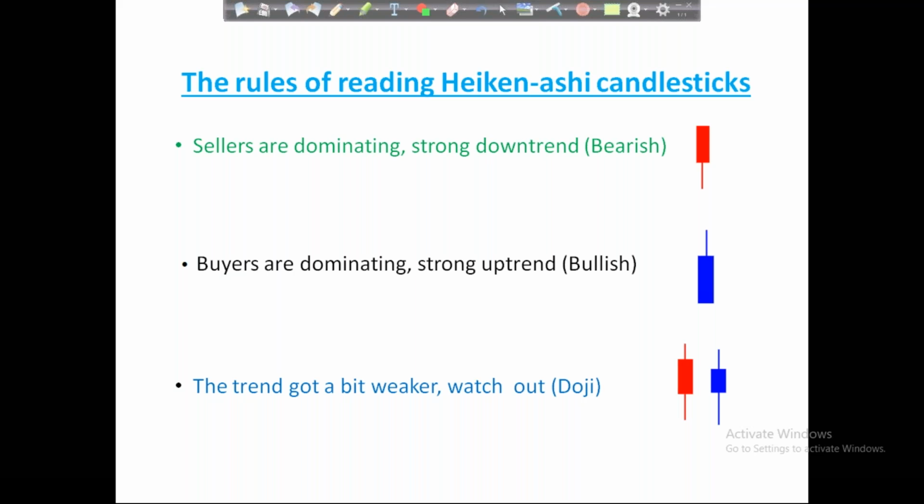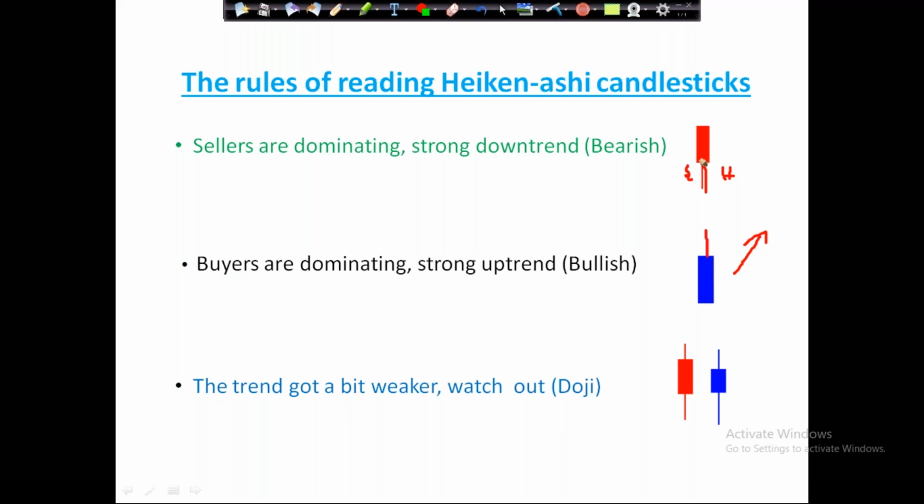So let me tell you how to read. Whatever you say, tail, shadow, whatever. If the shadow is pointing toward the downside, that means a bearish candle. Very clear, very easy to understand. All right. If the shadow is pointing above, that is a bullish candle.